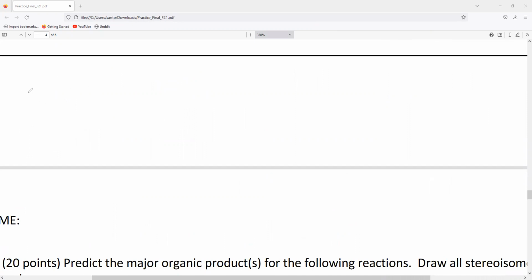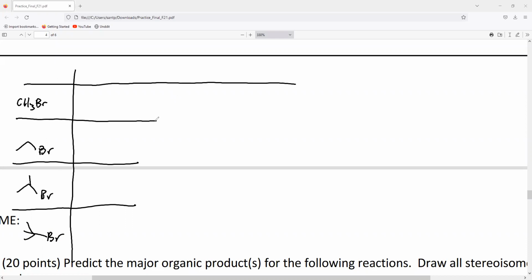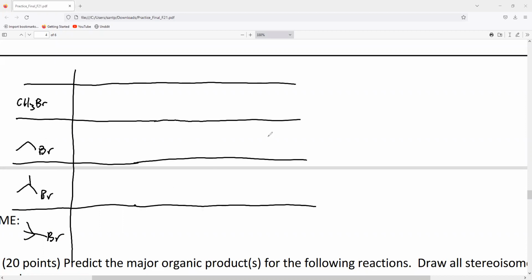Okay. So the way that I make this chart is I put the substrates on the side. So actually, let's do it this way. CH3Br, primary, secondary, and then tertiary. And then I categorize the nucleophiles that we've talked about. We talked about 3 of these nucleophiles straight up, and one of them was kind of indirectly.